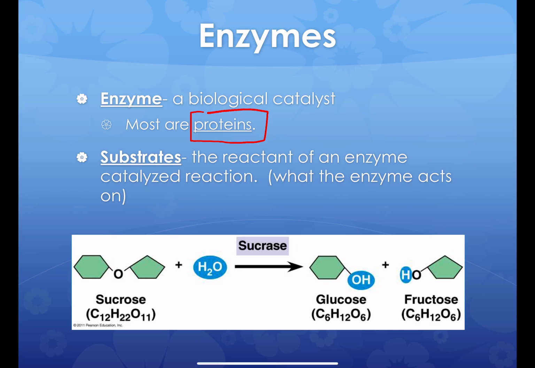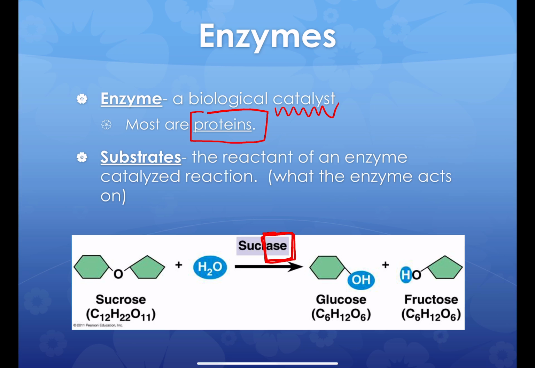So enzymes, you may want to make a note of this, end in -ase. Okay, so we said sugars end in -ose, enzymes end in -ase. And what enzymes are is they are a biological catalyst. So they're found in living things, and they are a catalyst. So what a catalyst does is it helps to speed up or get a reaction started.